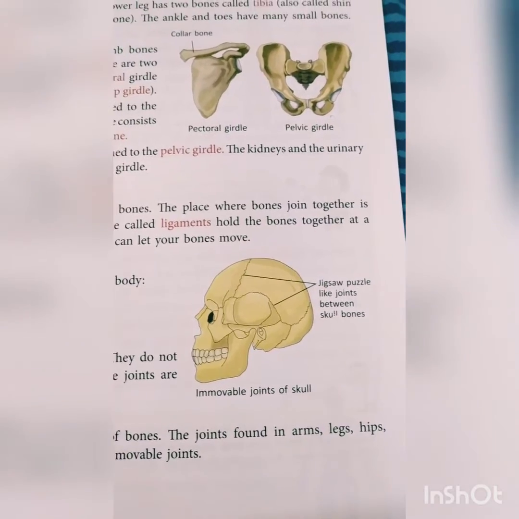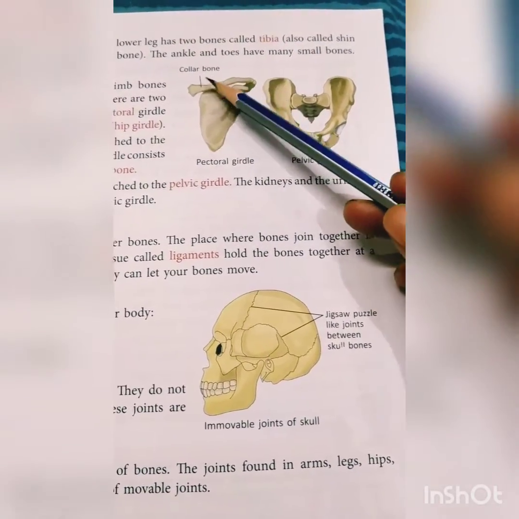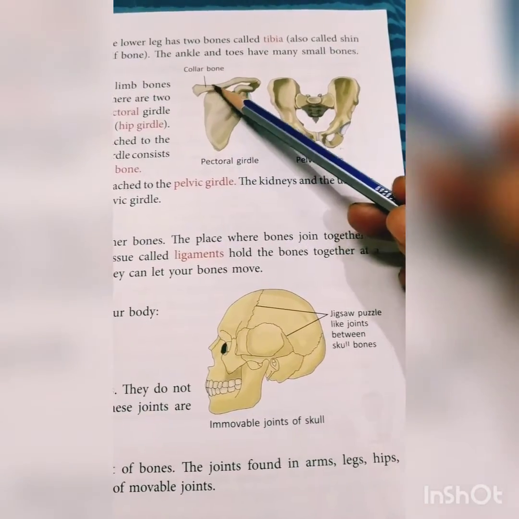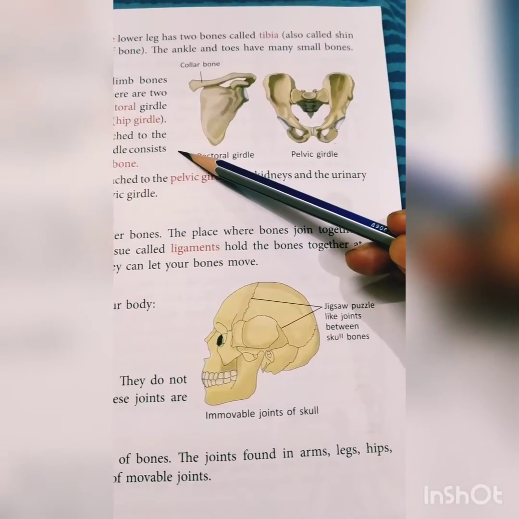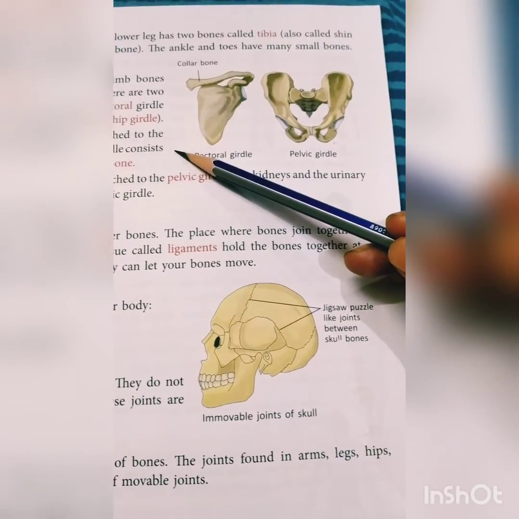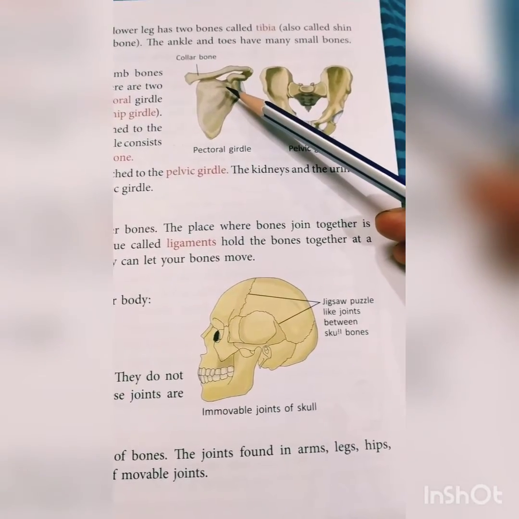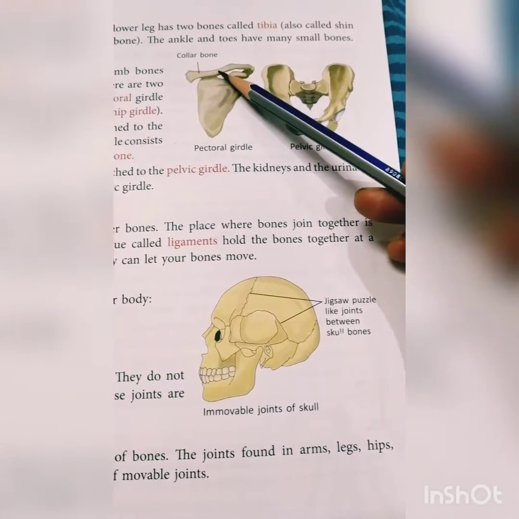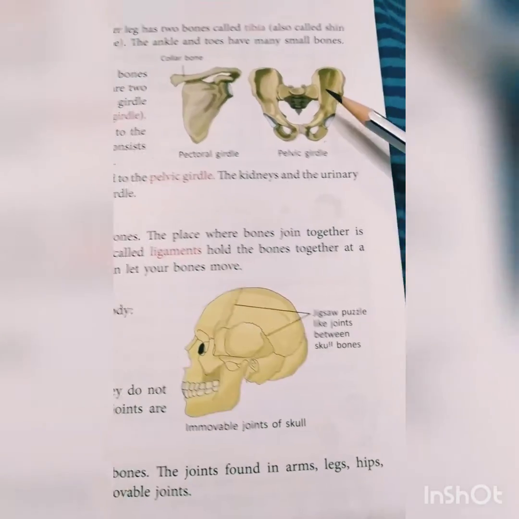The forelimbs or arms are attached to the pectoral girdle. From here, this is the collarbone, and here the arm bone is joined to this pectoral girdle. Each pectoral girdle consists of a shoulder blade and a collarbone. This is the collarbone or shoulder blade.